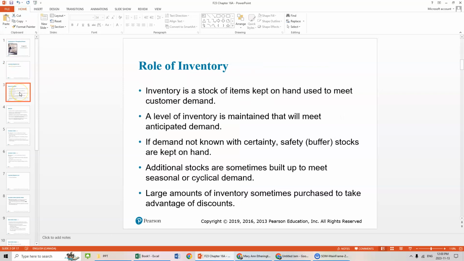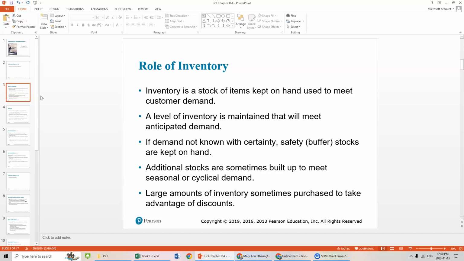So we'll go through some principles, and then we'll go through an example of this. The role of inventory, as it says there, is keeping items on hand used to meet customer demand, anticipated demand. In this chapter, we're going to look at one basic model of the order quantity.